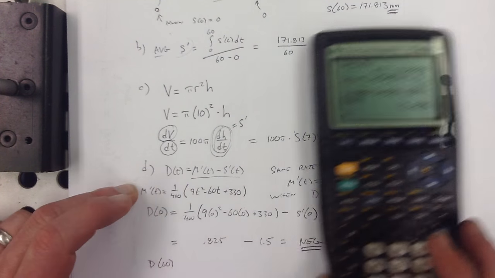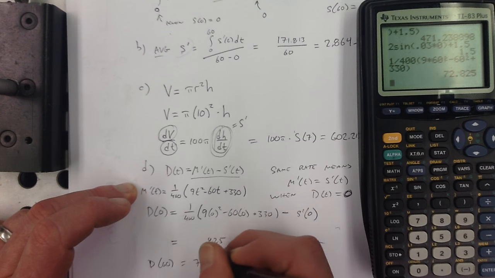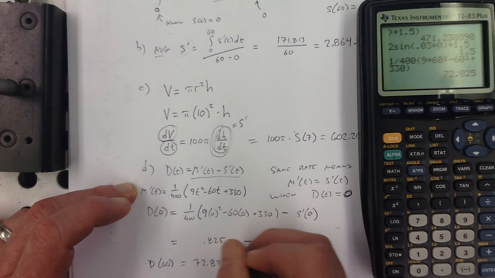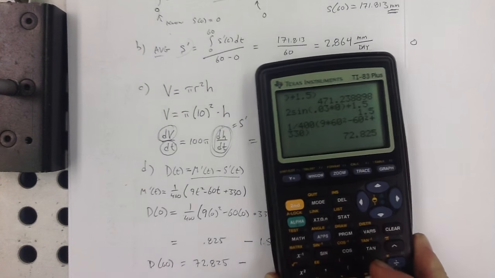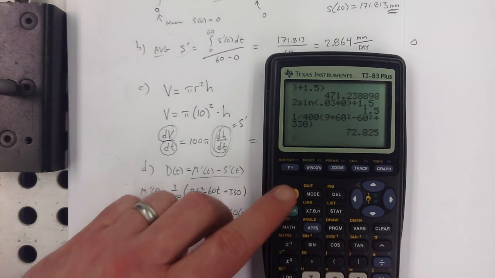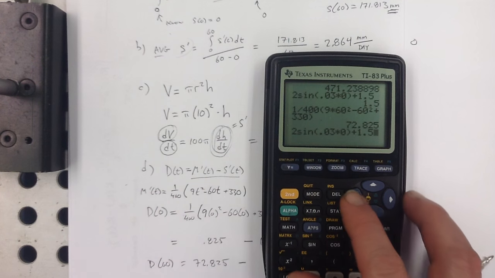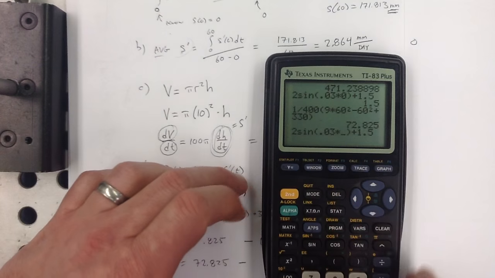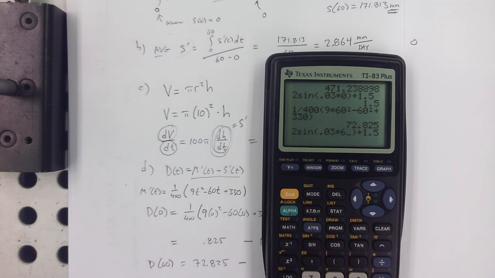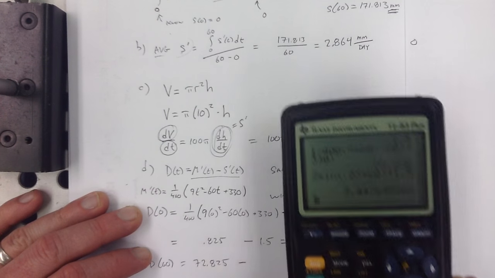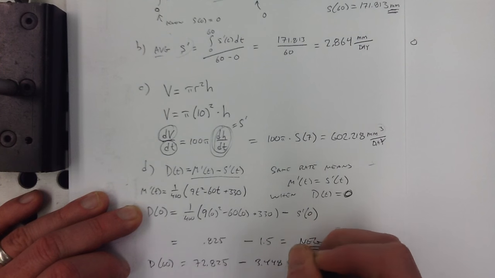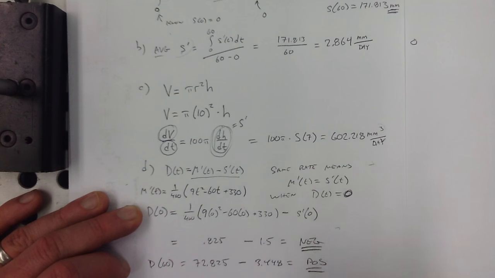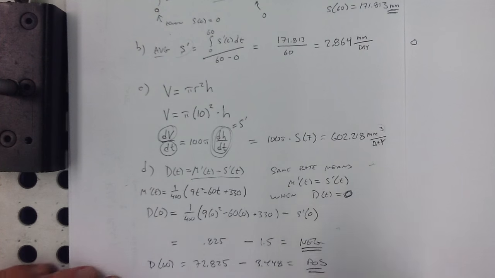That's 72.825 minus, let's bring that back up, minus this, but I just want to make that 60 now, right? That's 3.448. But anyway, certainly a positive number, right? So I went from negative to positive.